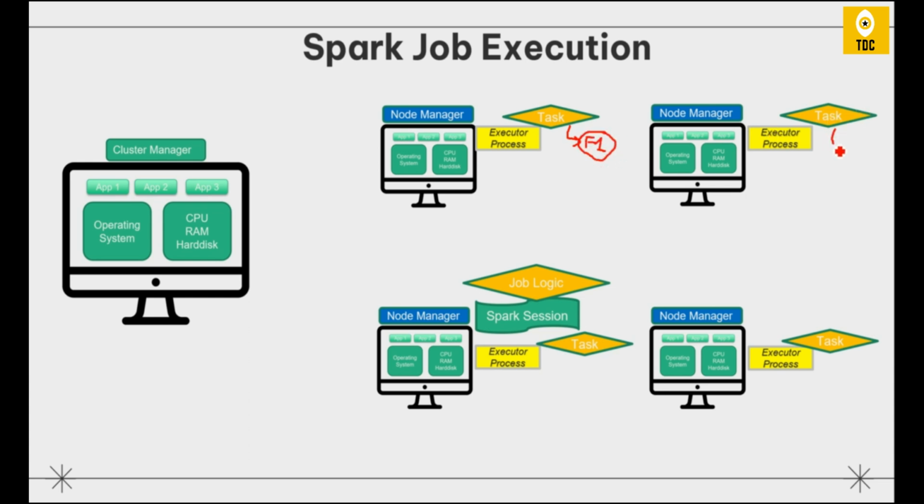Similarly, this particular node might be reading the second part of the file. This is the third part of the file, and this task is the fourth part of the file. Basically, one particular file is split into four parts, and they have distributed the job of reading the number of words in that file, and they start the execution of their job.